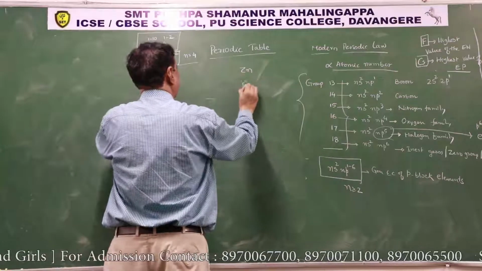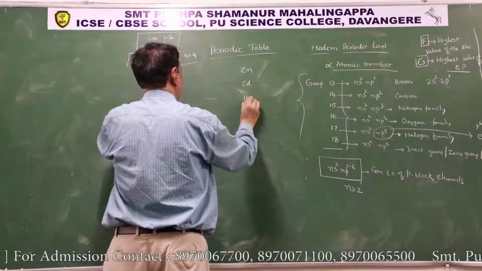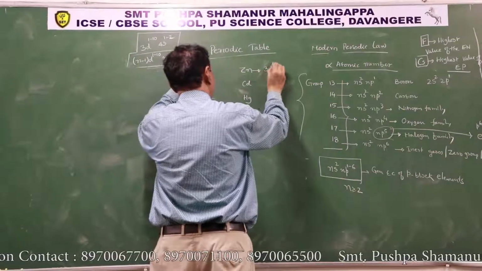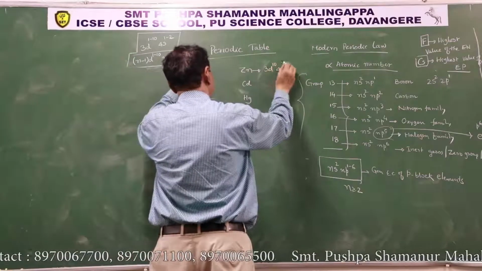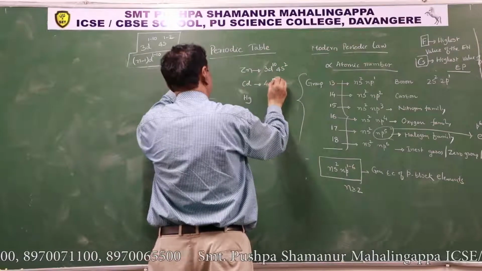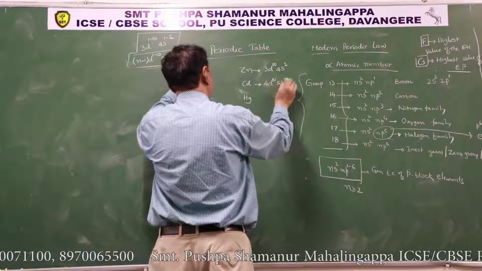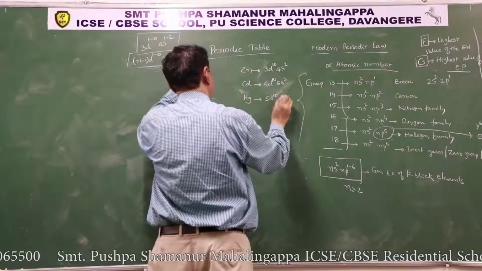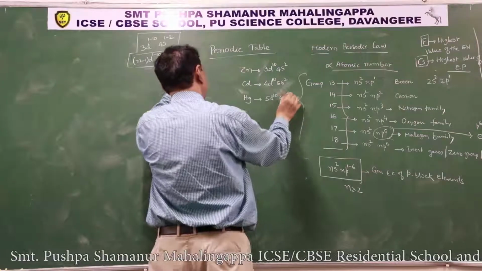Zinc has 3d10 4s2 configuration, cadmium 4d10 5s2 configuration and mercury 5d10 6s2 configuration.